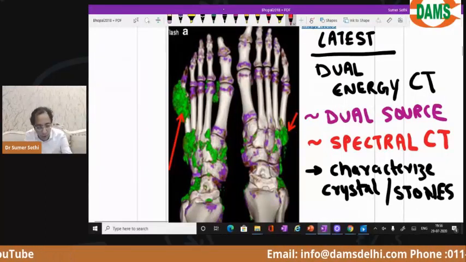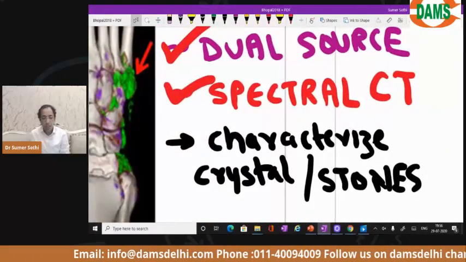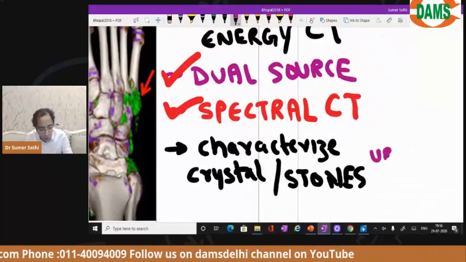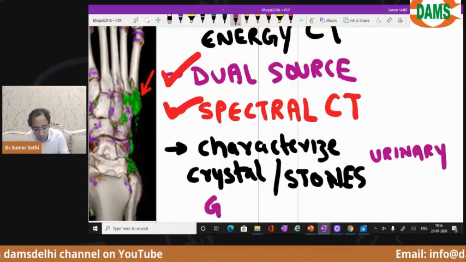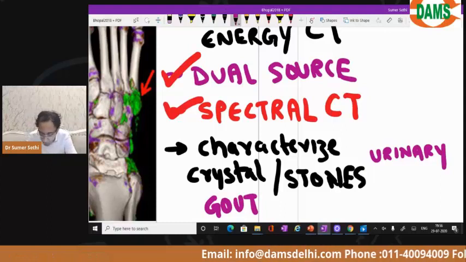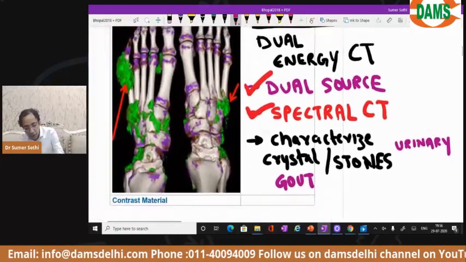This is synonymous, both of them are the same, they can write anything in the question. It has the ability to characterize crystals and stones. So this is nowadays being used in urinary stones as well as in patients with gout.